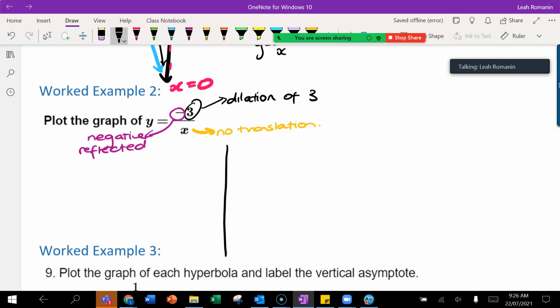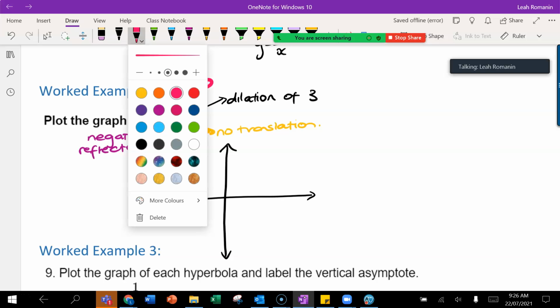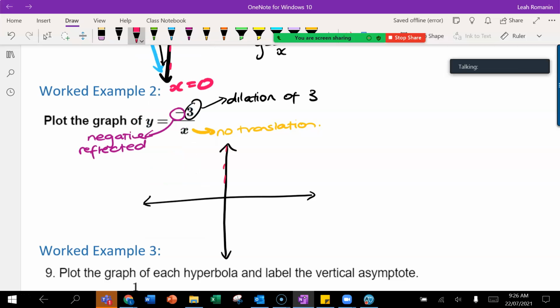So because I'm not moving left or right, remembering that that means all my asymptotes are at 0. So my y equals 0 asymptote and my x equals 0 asymptote.